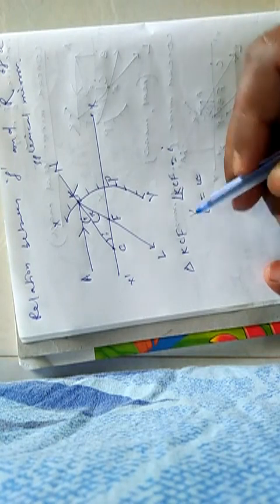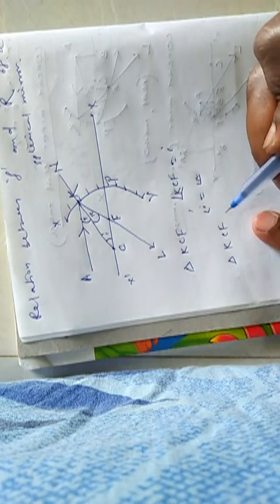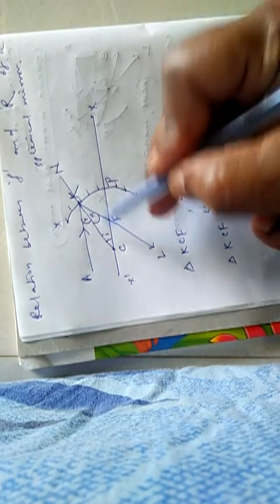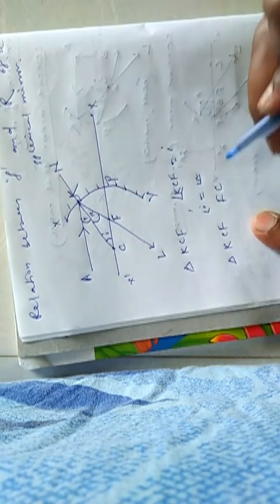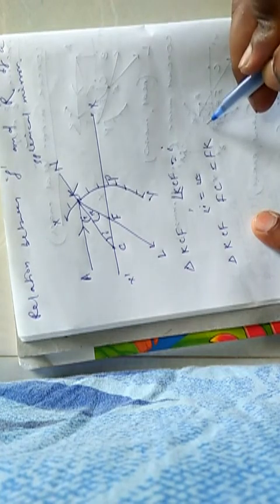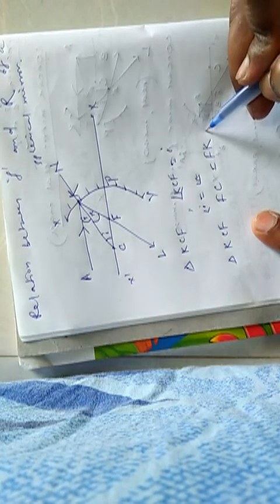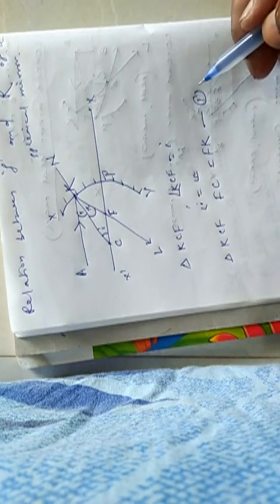In triangle KCF, this I is equal to this R, that is you have CF or FC will be equal to FK. FC and FK are equal. This is an isosceles triangle. KCF is an isosceles triangle, that you have FC and FK will be equal.